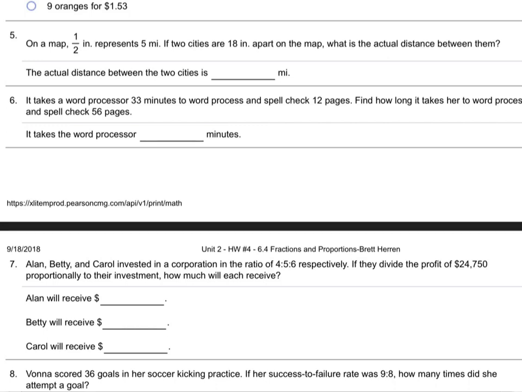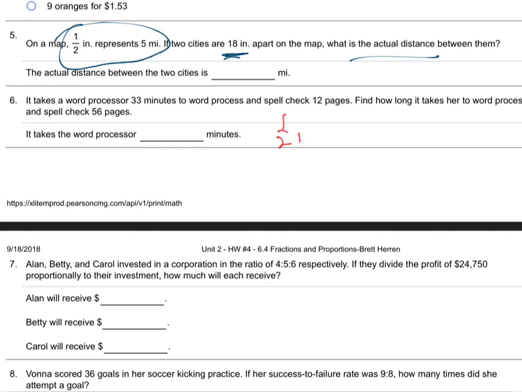So, if there's a key on a map that says a half an inch is 5 miles, and 2 cities are 18 inches apart on the map, what is their actual distance apart? Do you realize that's a ratio again?